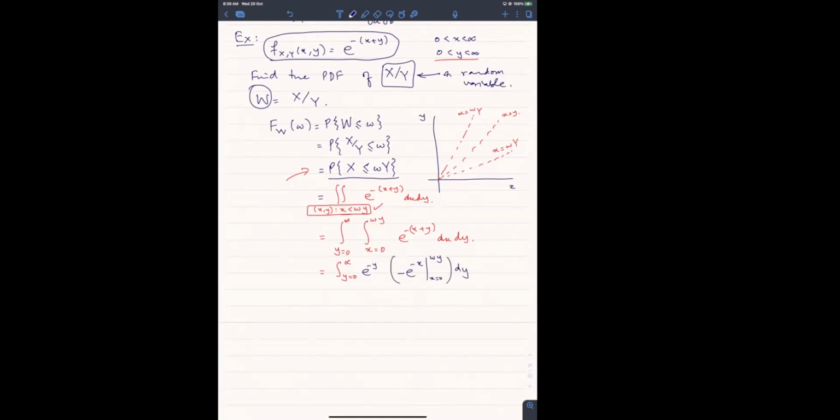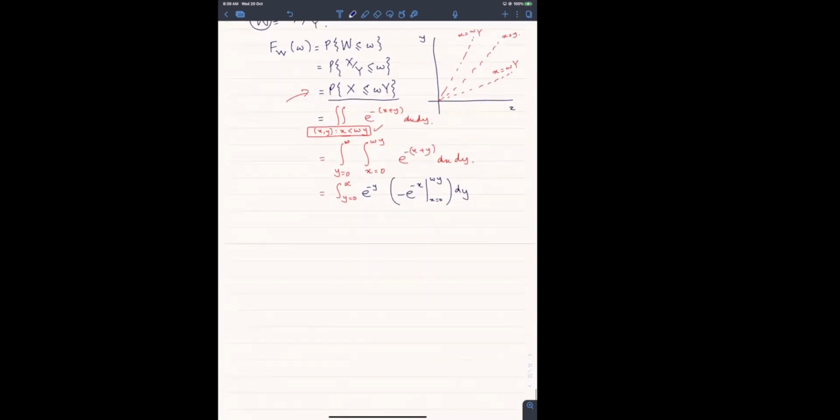ये हमने अंदर वाले इंटीग्रल को सॉल्व कर दिया. e to the minus y बाहर खींच लिया और e to the minus x को इंटीग्रेट कर दिया. Put the limits and then you will get y going from 0 to infinity, e to the minus y, and this would be 1 minus e to the minus wy dy. अब ये सिर्फ y की टर्म्स में इंटीग्रल रह गया.